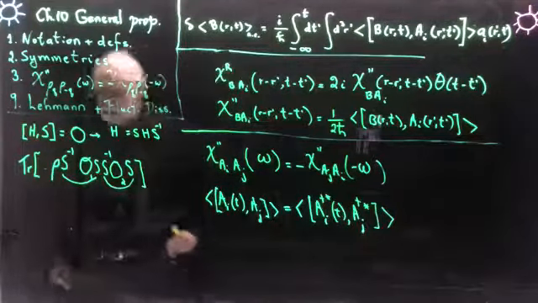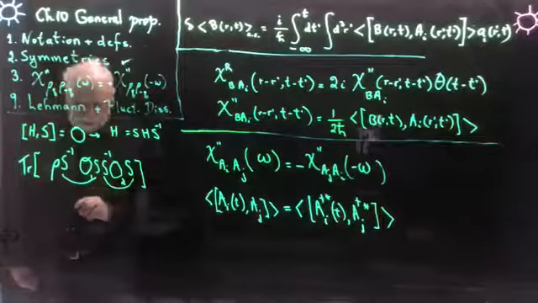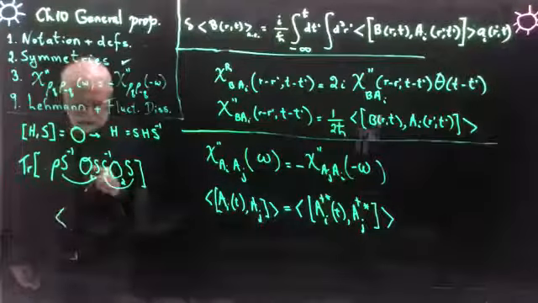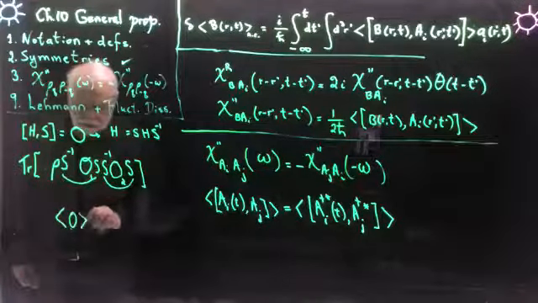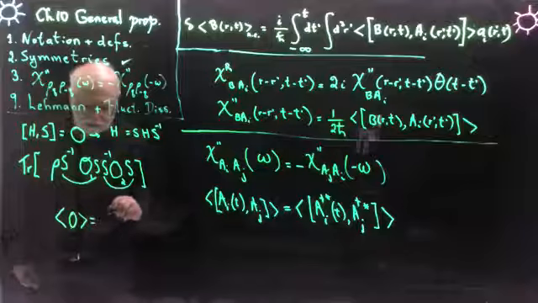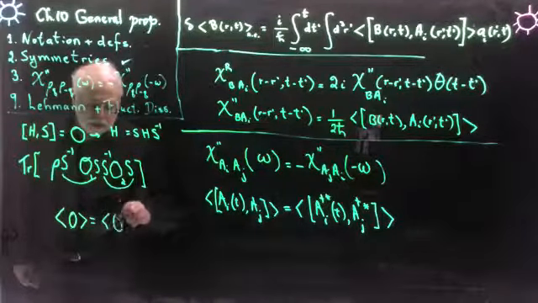I'm using this result that if I have the expectation of an operator, with time reversal symmetry, this is equal to O dagger star.